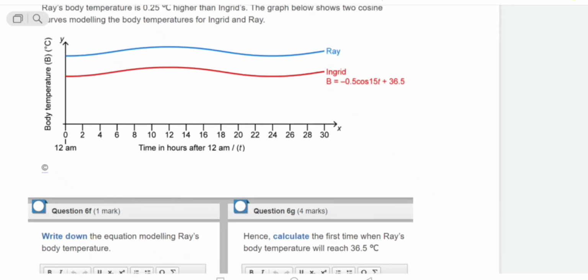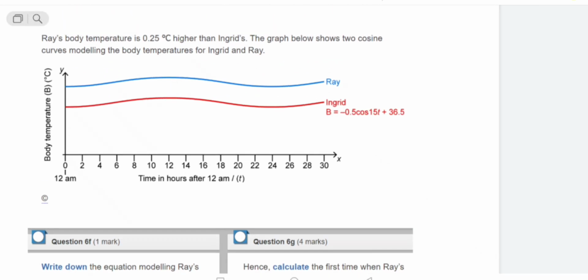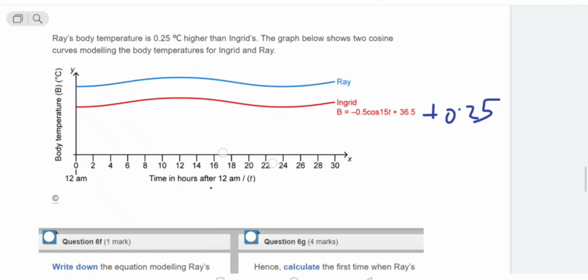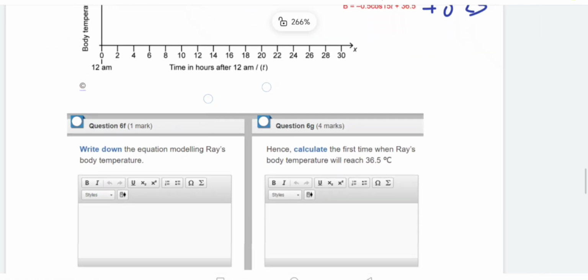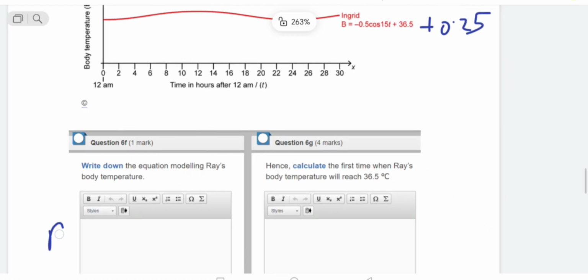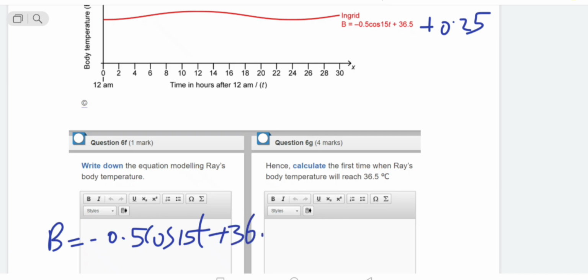In this equation we just add the raise, 0.25. So the equation will be B equals minus 0.5 cos 15t plus 36.5 plus 0.25, which is equal to 36.75.